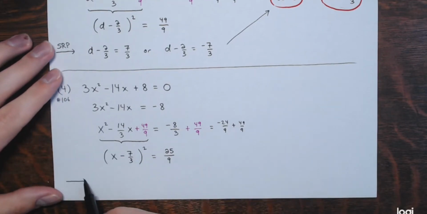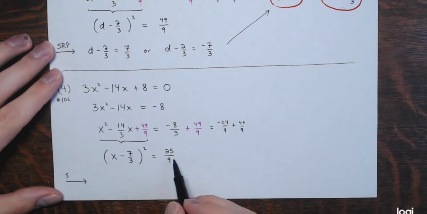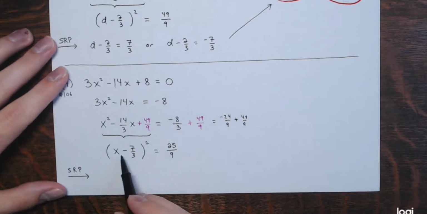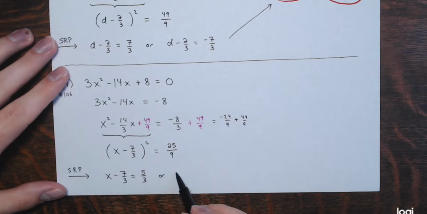Now I can apply the square root property, where I got something squared equals to a number. Applying the square root property, x minus 7/3 is equal to the square root of 25/9, which would be 5/3, or the opposite of that, right? Or x minus 7/3 equals negative 5/3.